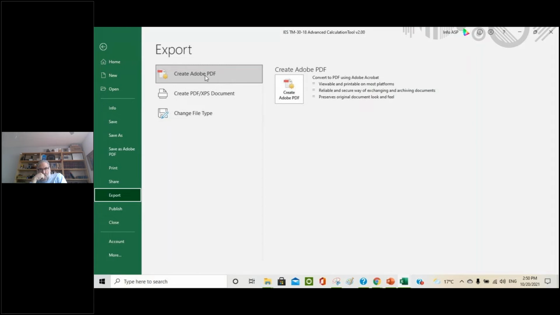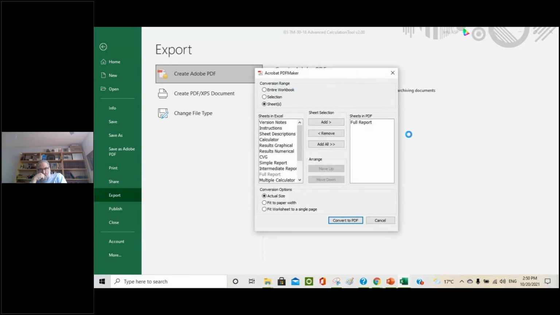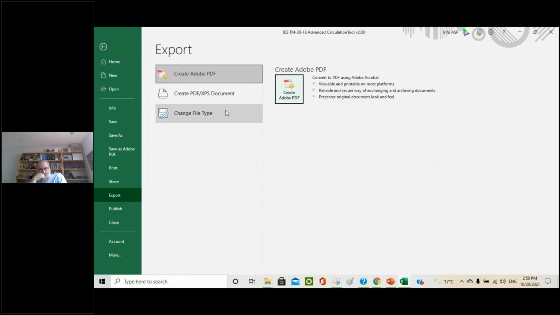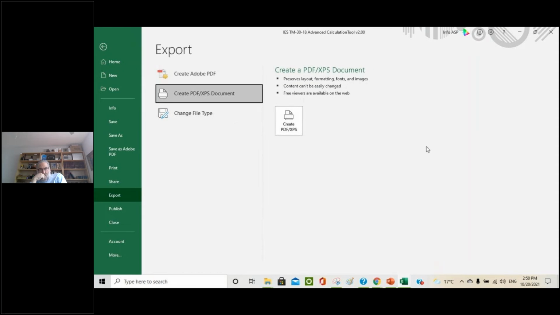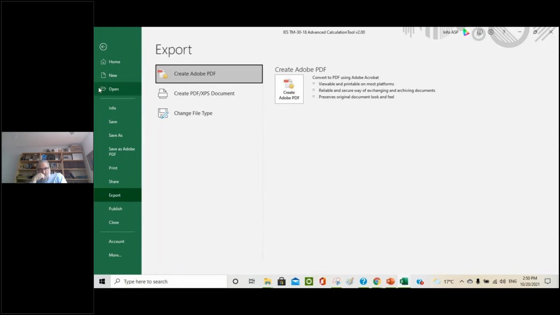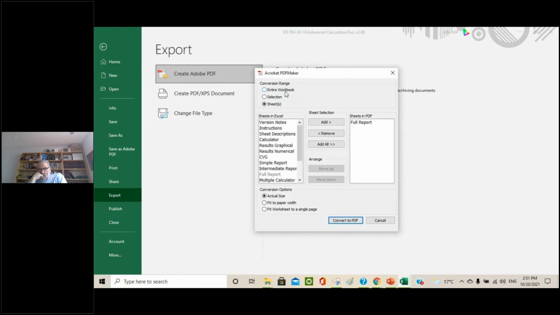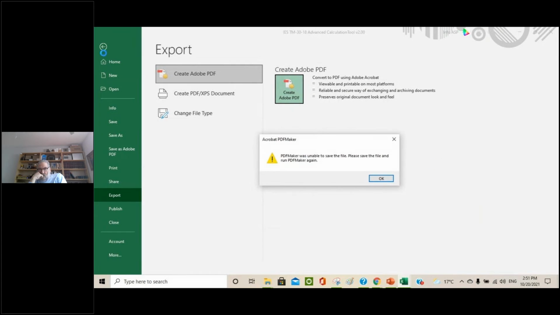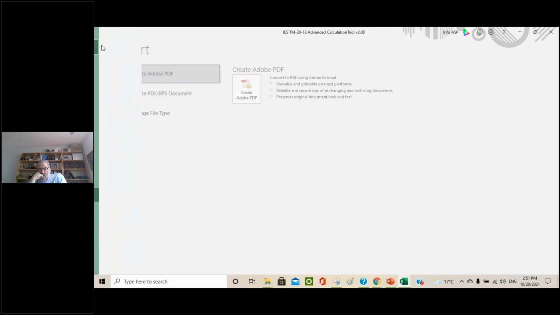Okay, so you can create a PDF file out of this, or you could use save as or print as a PDF. Yes, so convert to PDF. This way you can go ahead and create your report.